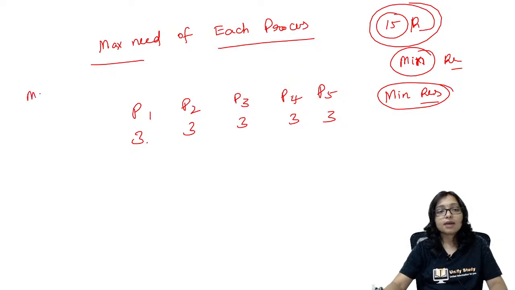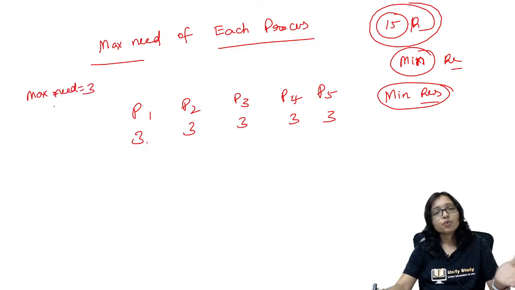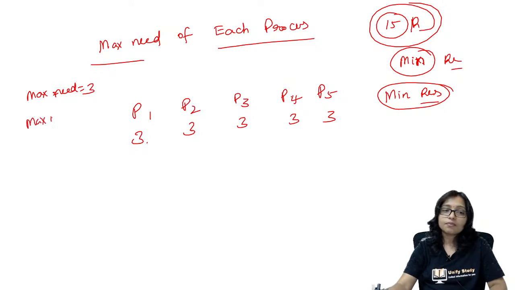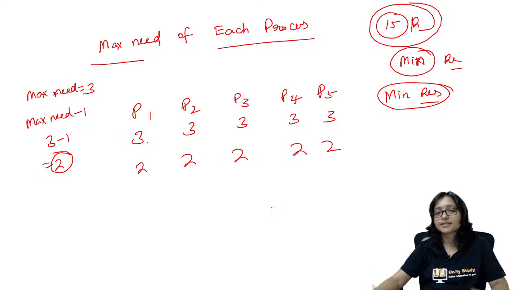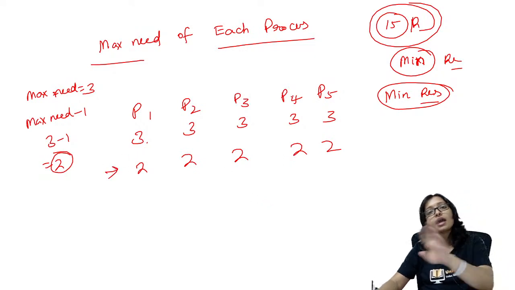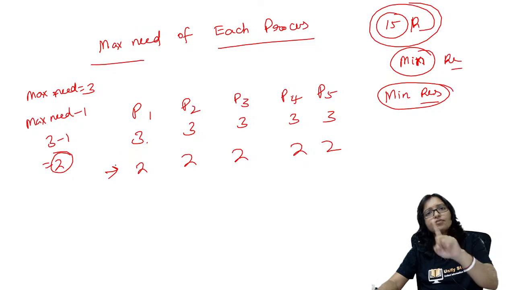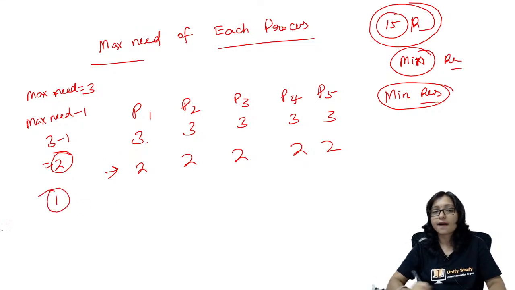Our maximum need of each process was 3. We will do the max need minus 1. Max need minus 1, that is 3 minus 1, 2. And I will try to do like that everyone have 2 resources, right? Now in this situation if everyone have 2 resources, now everyone need 1 extra.